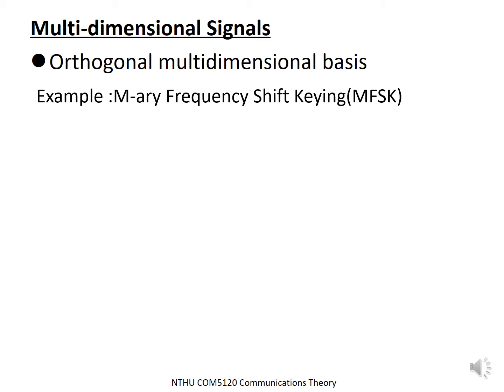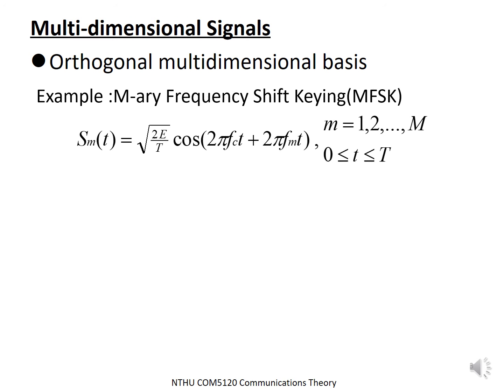The common example of an orthogonal multi-dimensional basis is M-ary frequency shift keying, where we have m different carrier frequencies, from 1 to m.